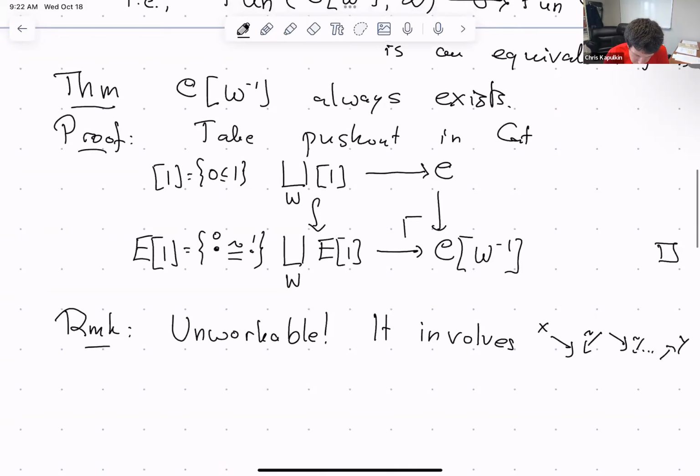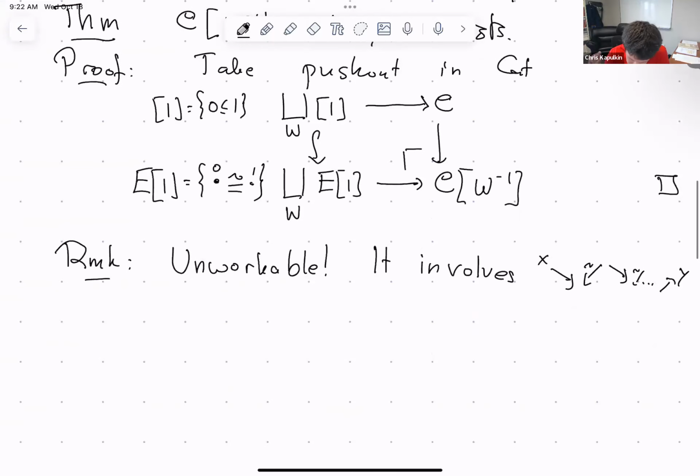So they say, well, that's too bad, but maybe if we impose further conditions on the class W, we can learn something. One way of dealing with this problem is through model categories. In model categories, we come up with two more classes of morphisms, namely fibrations and cofibrations, and then we can often say something more reasonable about the localization.